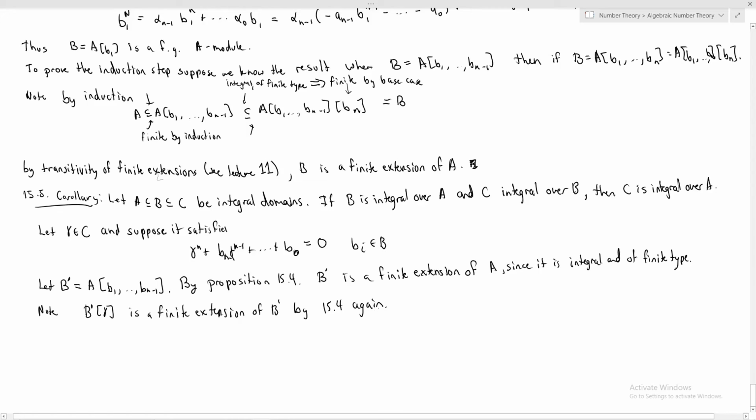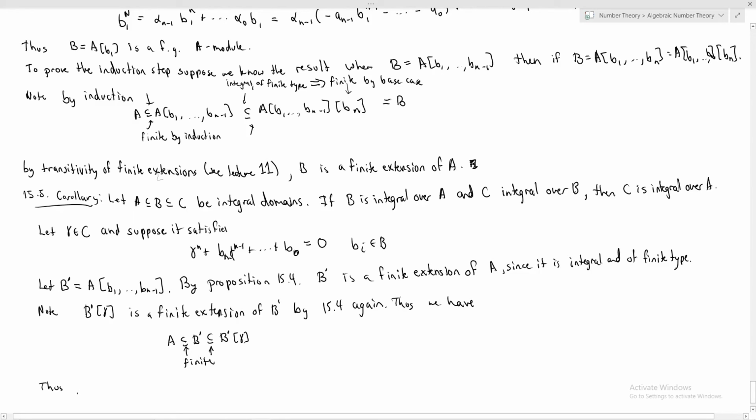So what does this mean? I've got a sequence of finite extensions. Thus, we have A is contained in B prime, is contained in B prime adjoin gamma, each of which are finite. Okay, so what does that tell me? Transitivity of finite extensions.